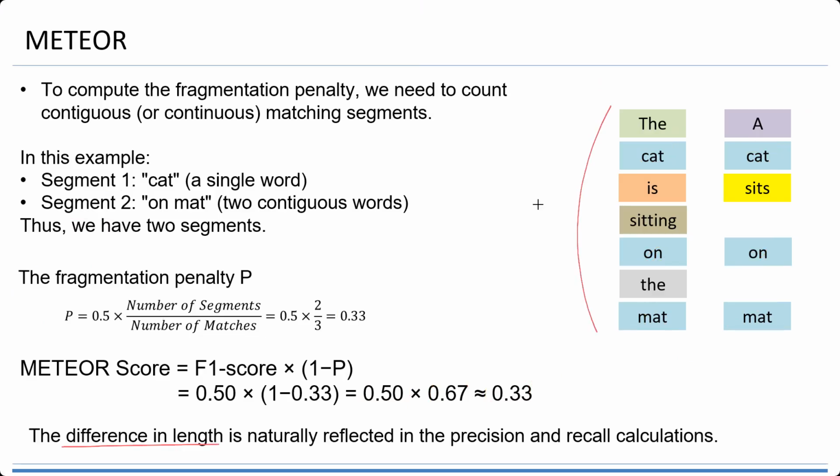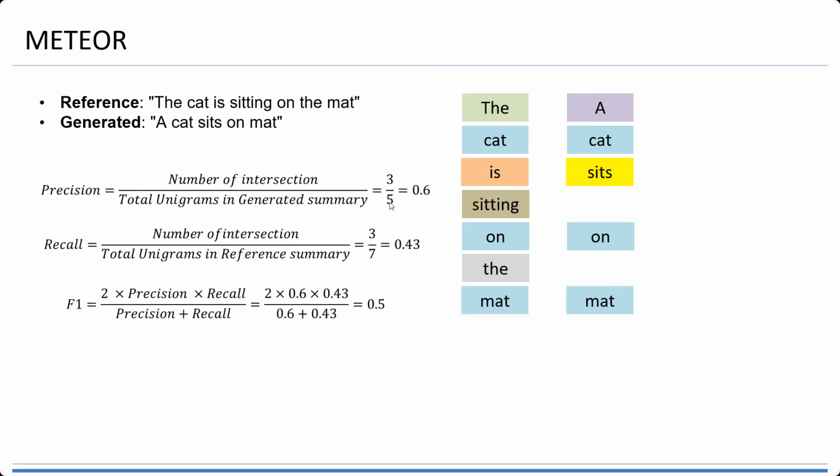The length of this one is 7. The length of this one is 5. The difference in length is naturally reflected in the precision and recall calculation. So you can see if it is different in the length, let's say this one is 5 and this one is 7, then the value of precision and recall will be lower.